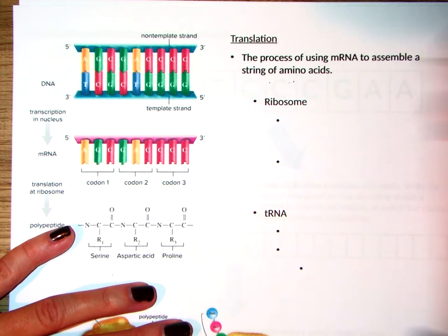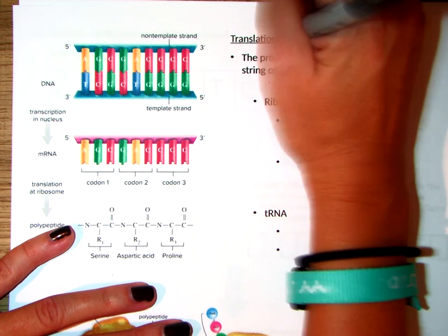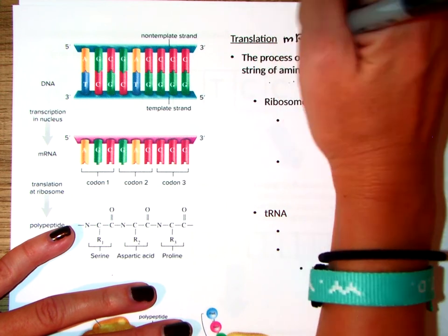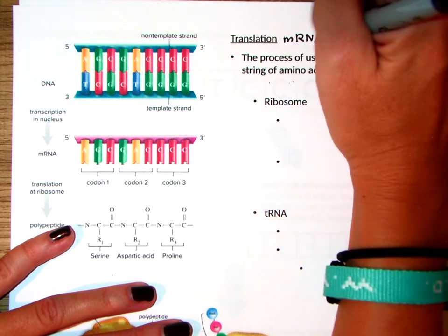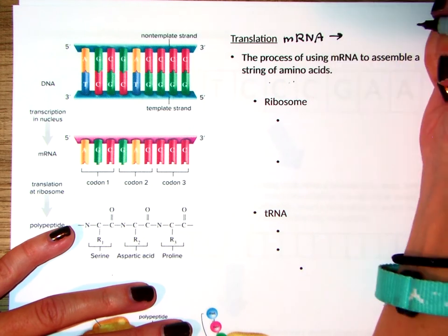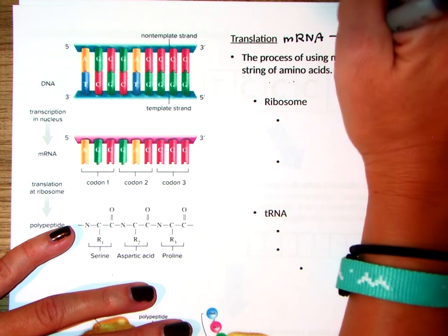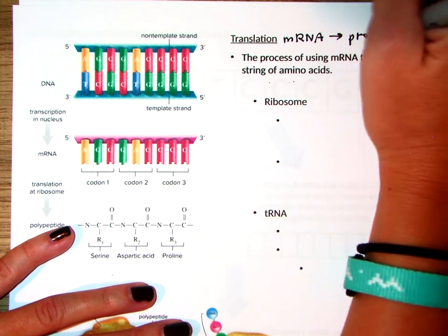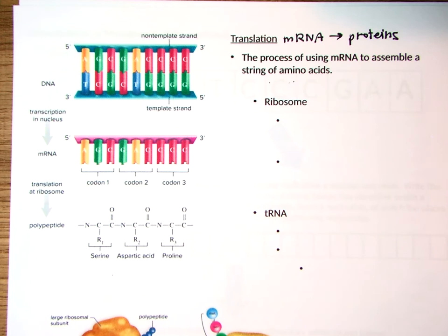With translation, we're starting with mRNA, and we're ending up with strings of amino acids, which are essentially proteins, before they've been all folded up into their secondary, tertiary, and quaternary structures.